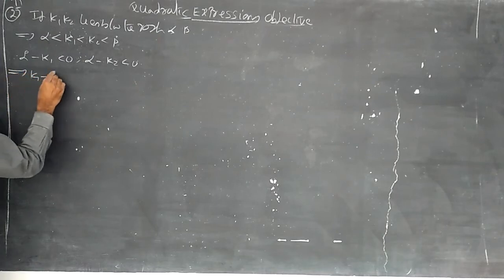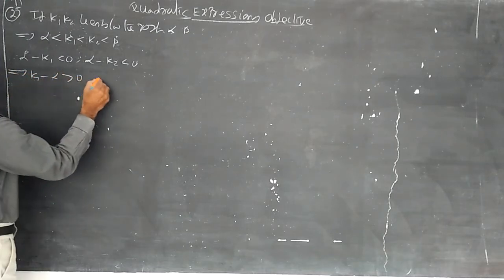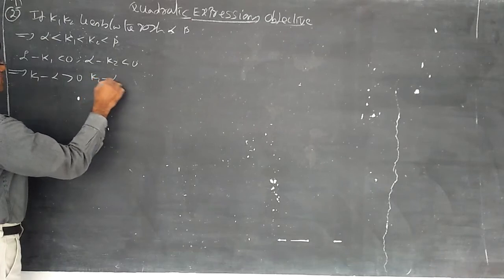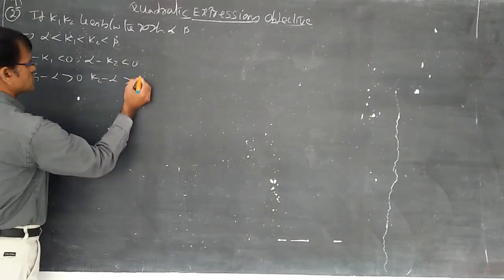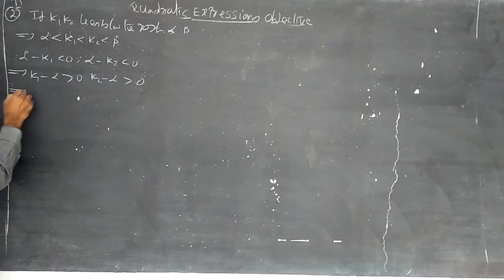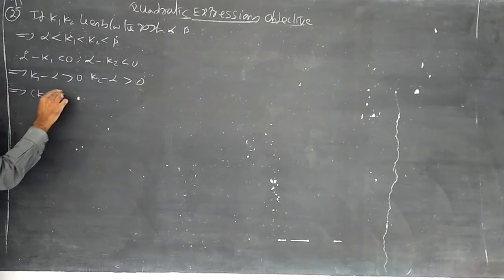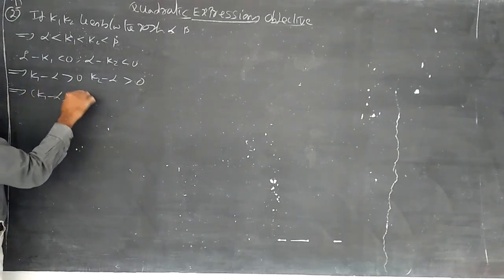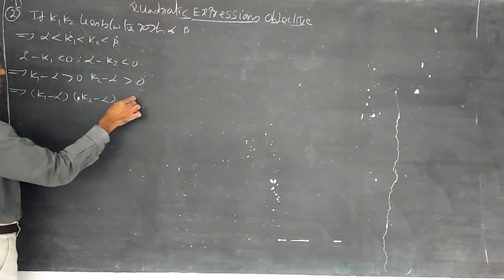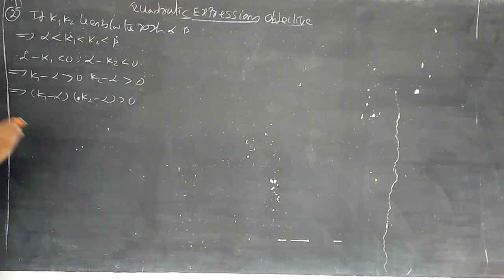That implies k1 minus alpha greater than 0, and k2 minus alpha greater than 0. Multiplying both, (k1 minus alpha)(k2 minus alpha) greater than 0, plus into plus.